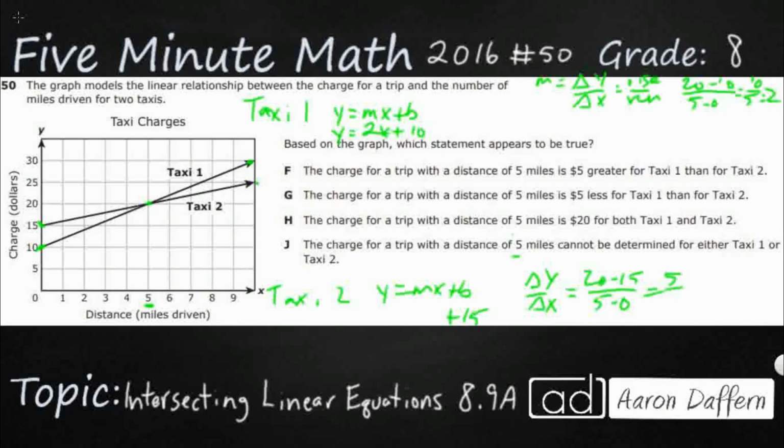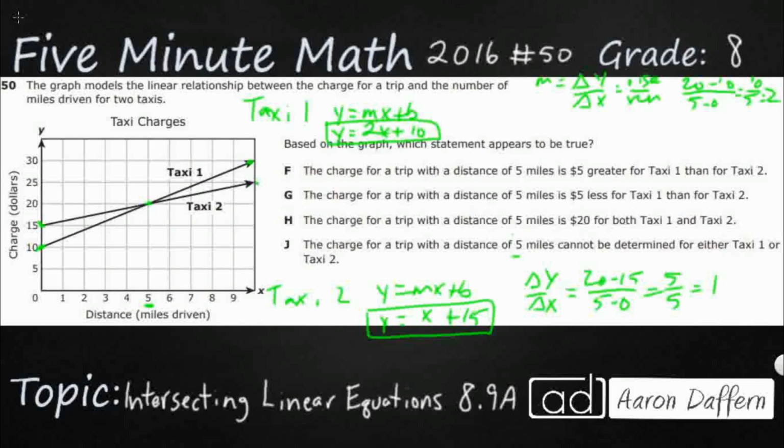Oh, 5 over 5, so that just equals 1. I'm not going to write 1x, I'm just going to write x. Looks like these are our two equations: y equals x plus 15 and y equals 2x plus 10. So different slopes, slope of 2 and slope of 1.